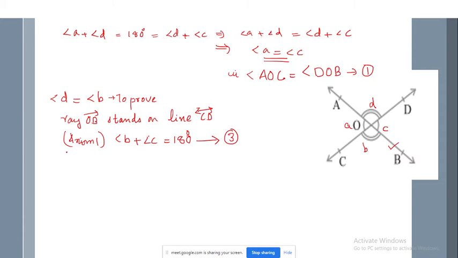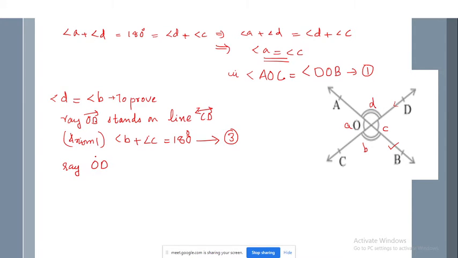So now we have already got that equation, no? Now let's look at ray OD. In the previous slide also we took this ray OD. So ray OD stands on the line AB, ma'am.